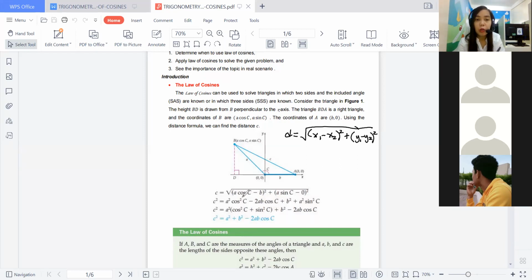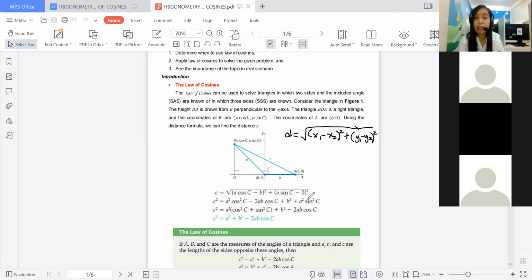And then factor out the common term for these two terms. We will have a squared, their common term. So we will have a squared multiplied by cosine squared C plus sine squared C. This one, a squared cosine squared C plus a squared sine squared C, their common term is a squared.